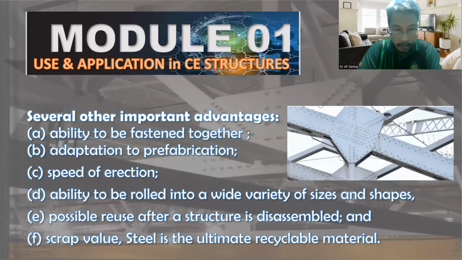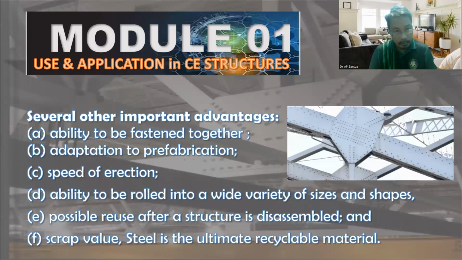So speed of erection, meaning it could be assembled faster than others because others like concrete need curing. Okay, so after cutting, you have the joining process, then it's now an assembly of structure.